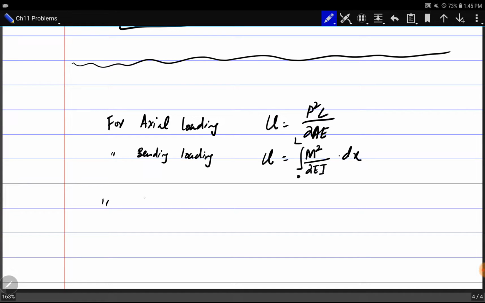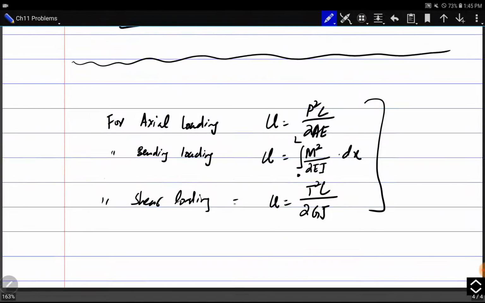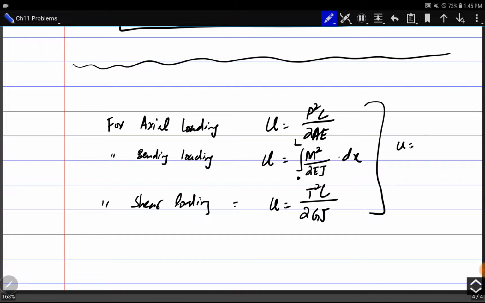For shear loading, it is T squared L divided by 2GJ. Just these expressions and you can find strain energy. Strain energy density is capital strain energy U divided by volume.